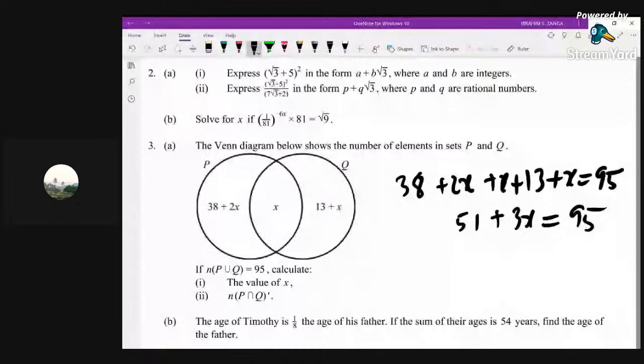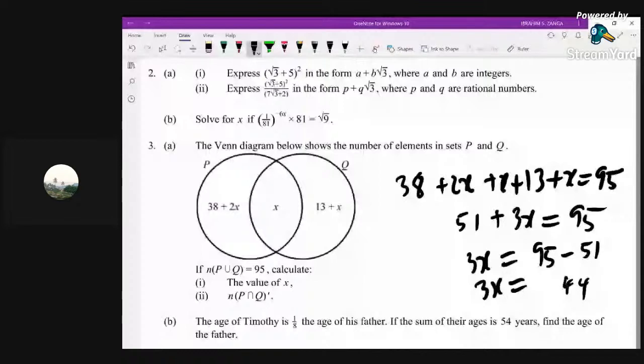So 3x equals 95 minus 51. So 95 minus 51, you get 44. Then you divide, sorry, there is a problem, very minor problem.